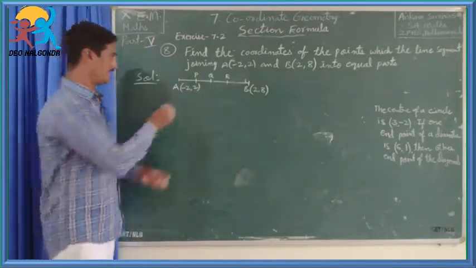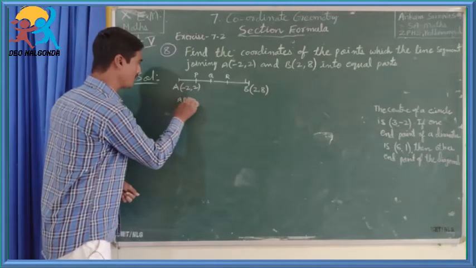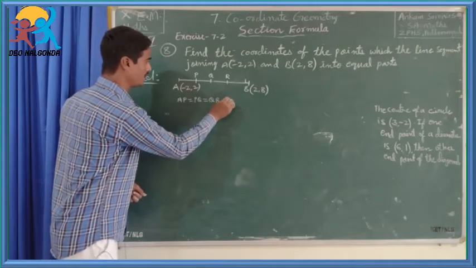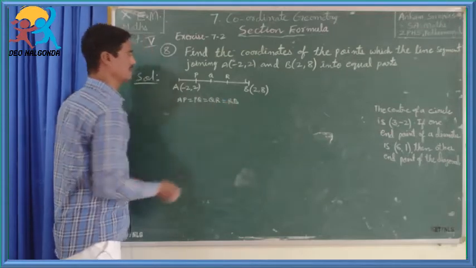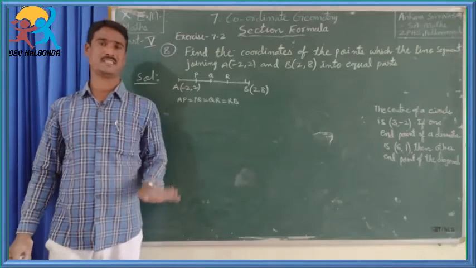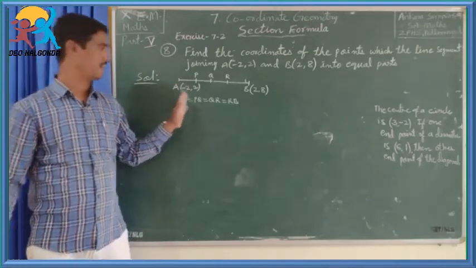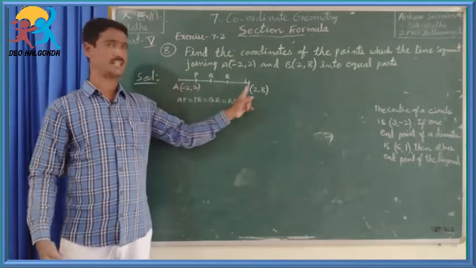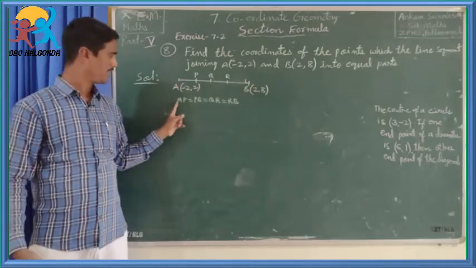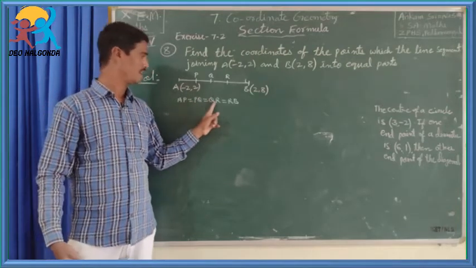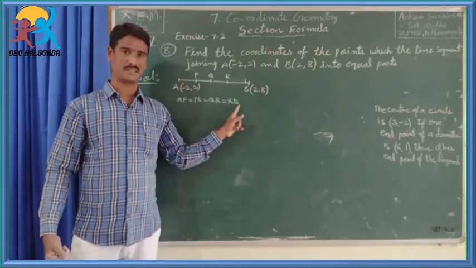So here AP equals PQ equals QR equals RB. We have to find the coordinates of 3 points which divide the given line segment AB into 4 equal parts.